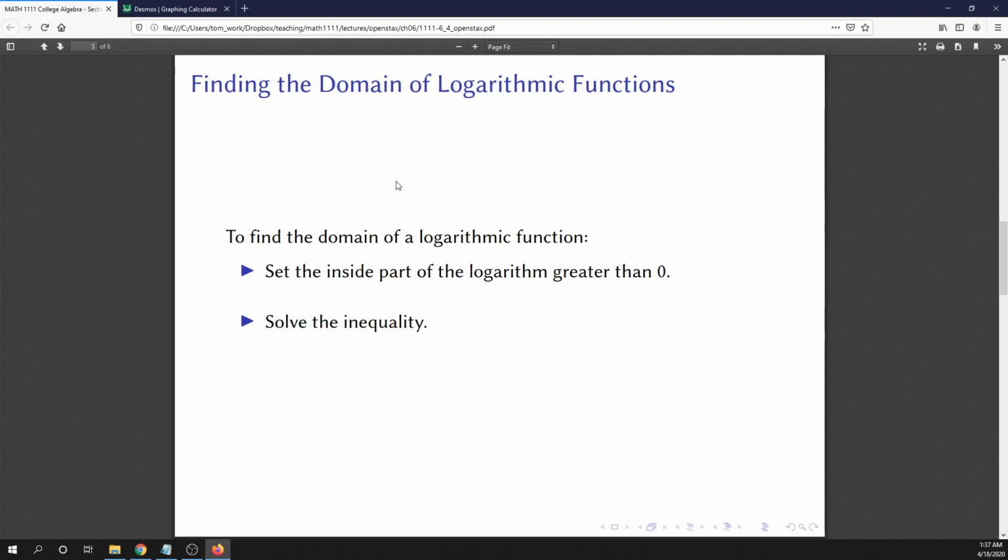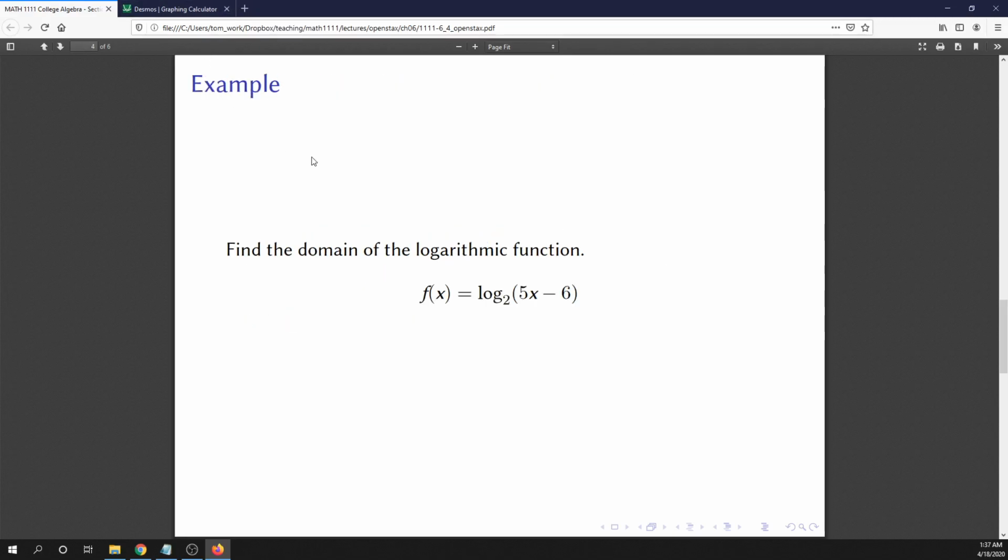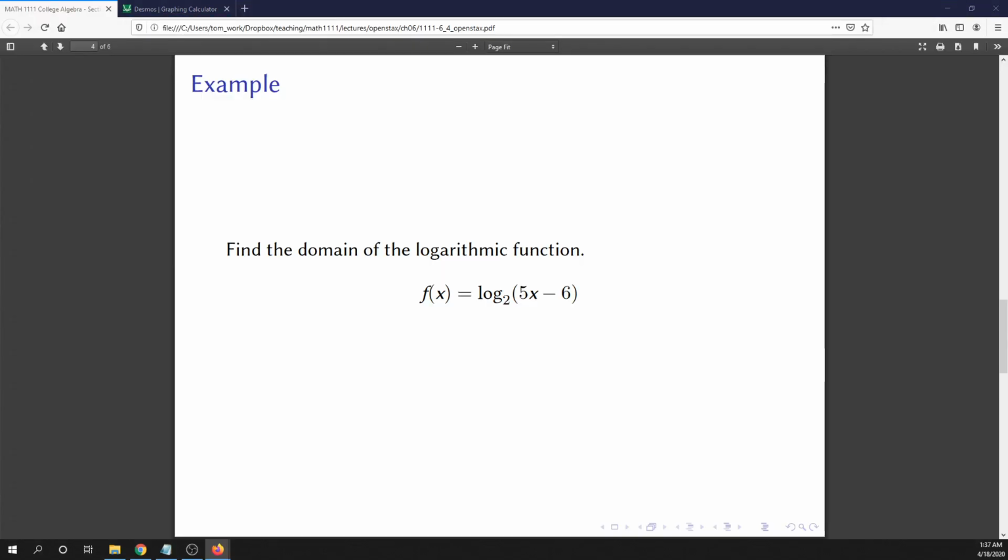Okay, so let's take a look at this problem here. Just give me a second while I write this problem down.